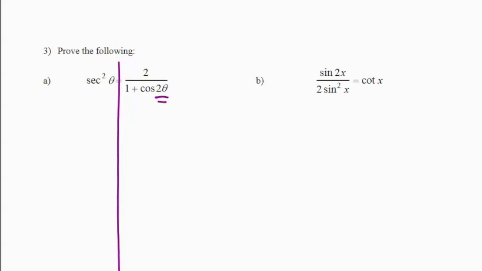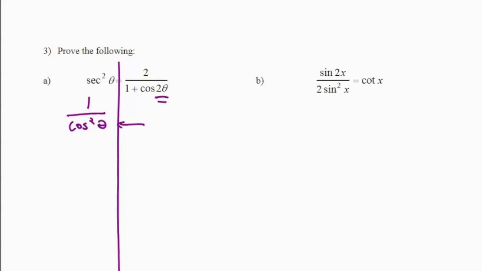Okay? We look at secant squared of theta equals all this junk over here. My gut instinct tells me right away, let's plug in for secant squared of x. And that's equal to 1 over the cosine squared of theta. Beautiful. Well, what am I going to do with that?